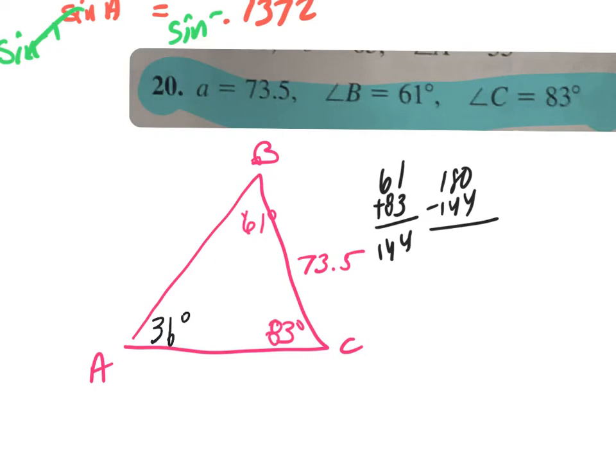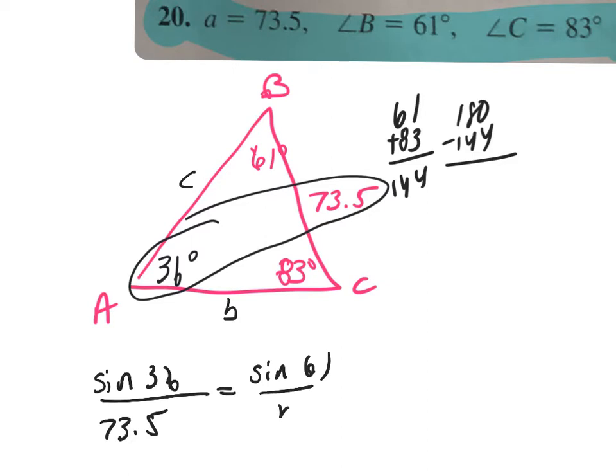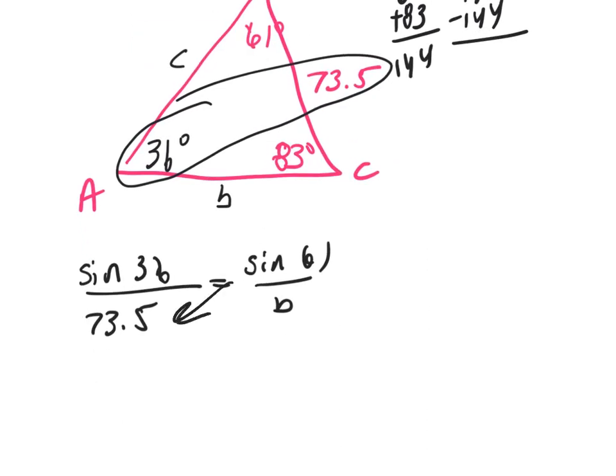So now to find our missing sides, guys, we don't even need the law of cosines again. We can use our law of sines. So if I'm going to find side B and side C, I can say, okay, well, the sine of 36 over 73.5 equals the sine of 61 over B. Cross multiply: 73.5 times the sine of 61 equals B times the sine of 36.